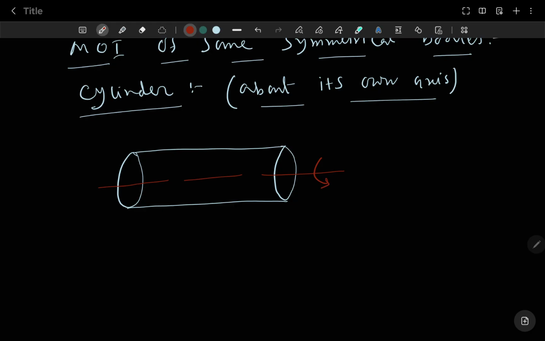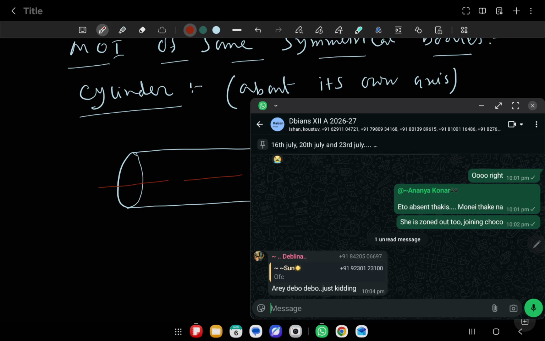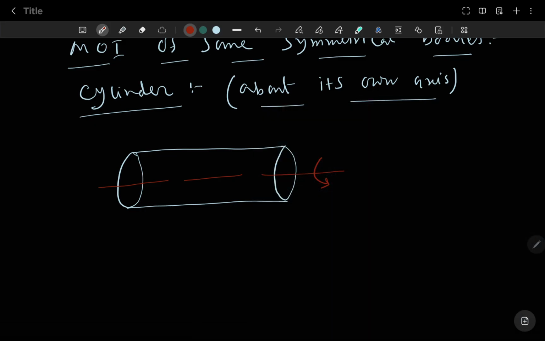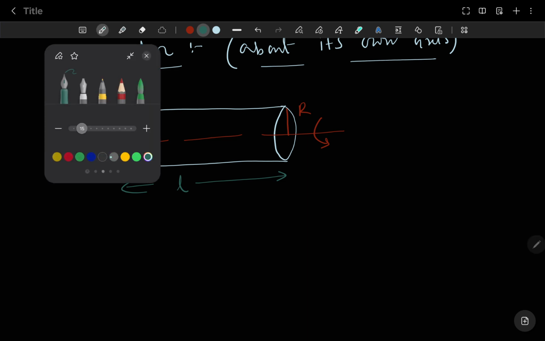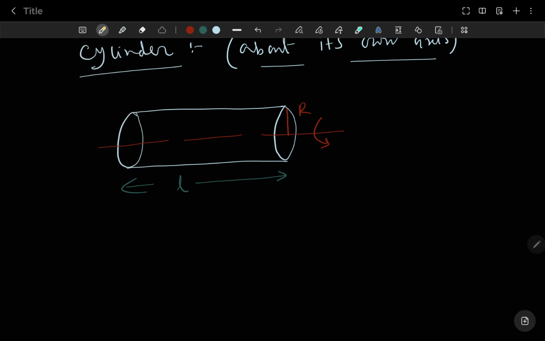The radius of the cylinder is R and the length of the cylinder is L. So first let us take a disc, obviously of radius R, the same radius as that of the cylinder.